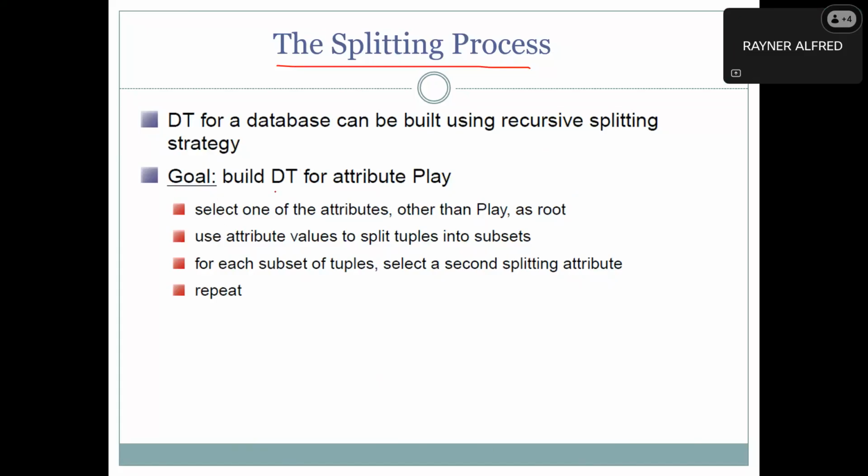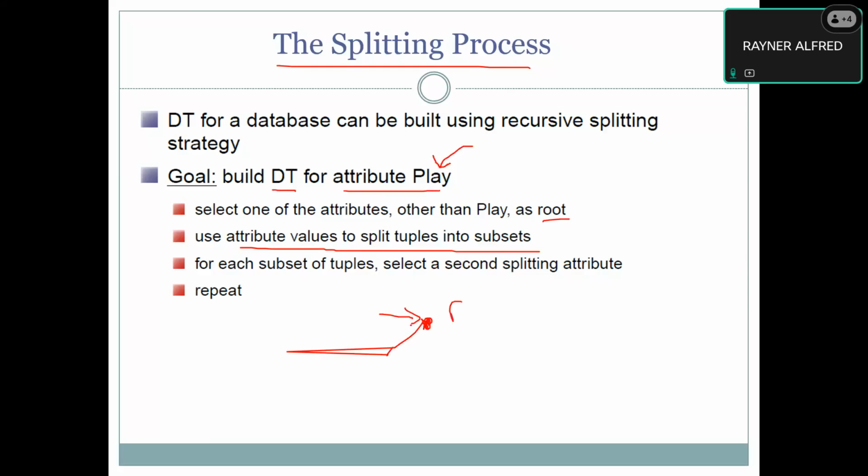The goal is to build a decision tree for the attribute play. This is your label. Select one of the attributes other than play as root, and then use the attribute values to split the subset. This is your root, and then you choose the attribute to put here, and it depends on how many unique values you have in the attribute, and then you keep repeating.